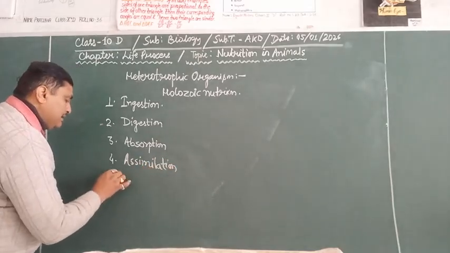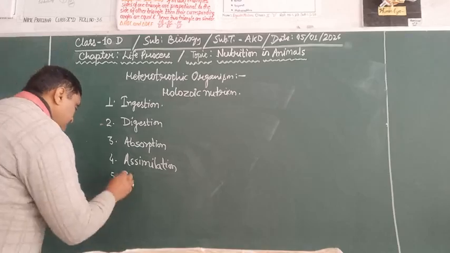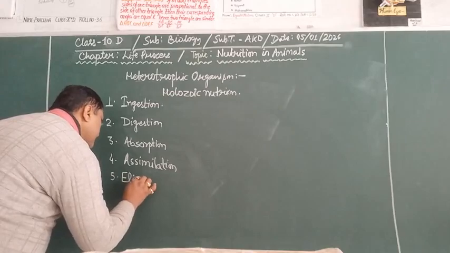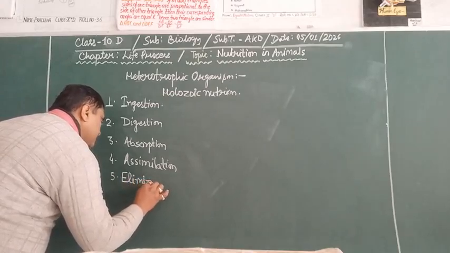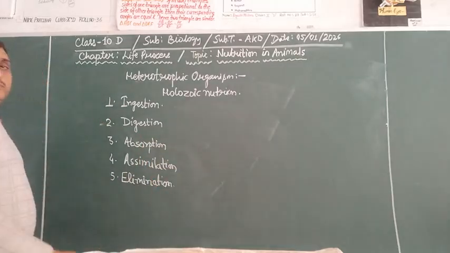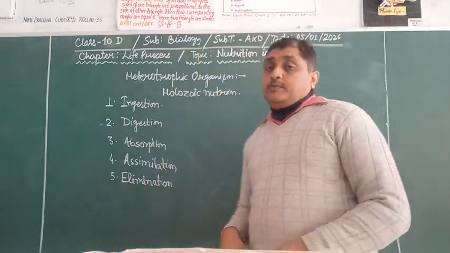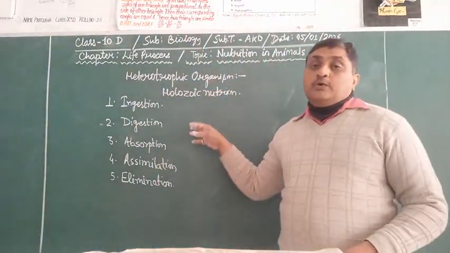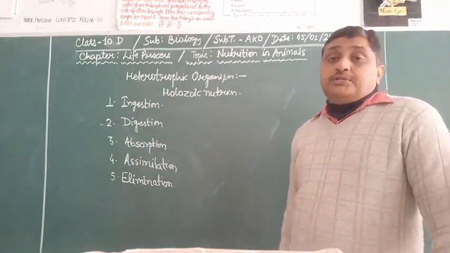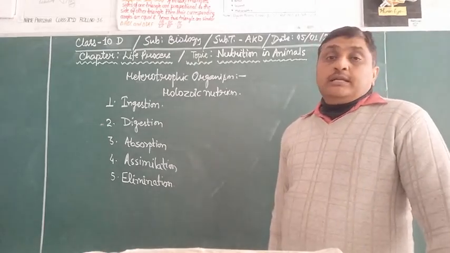And the fifth one, the last one, is known as elimination. So holozoic nutrition is completed in these 5 steps: ingestion, digestion, absorption, assimilation, and elimination.